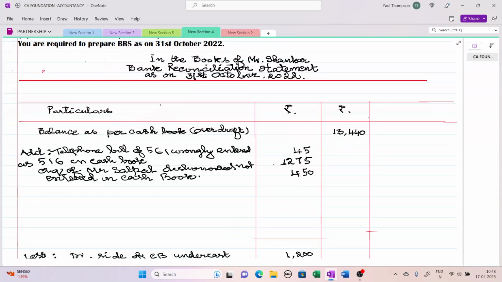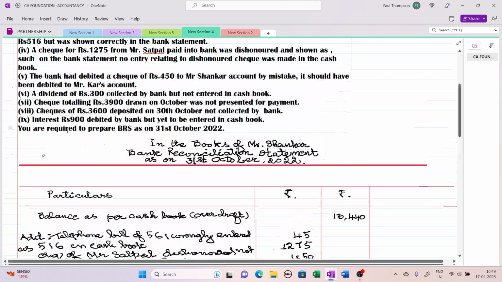Bank debited 450. So டெபிட் பண்ணிடுச்சுன்னா, பேமெண்ட் மாதிரி காமிச்சிருச்சு. So it is, my overdraft has got increased.